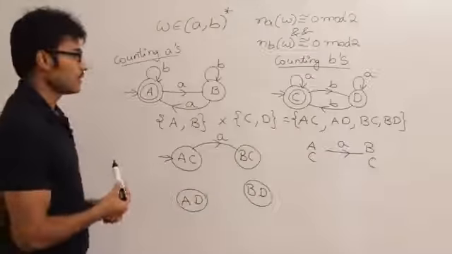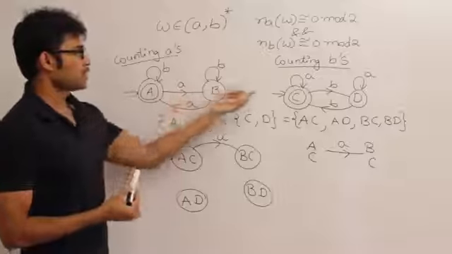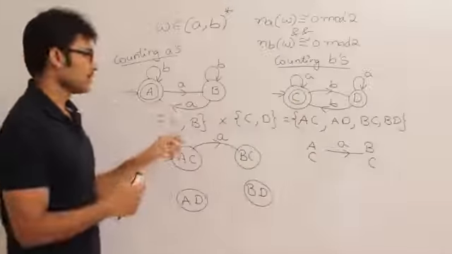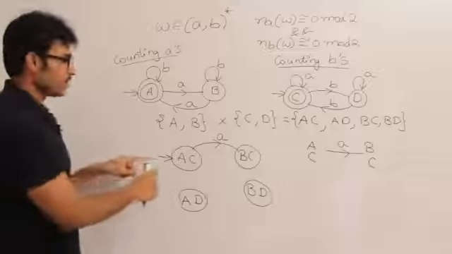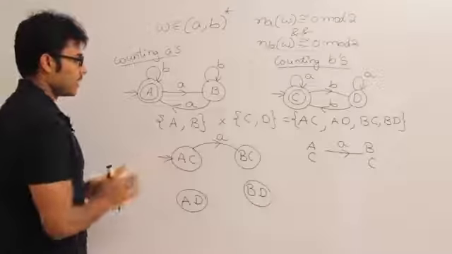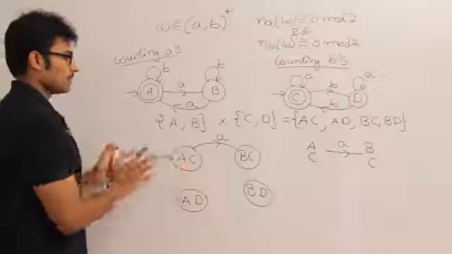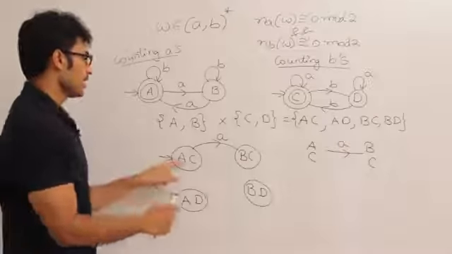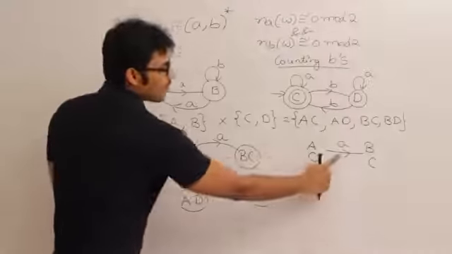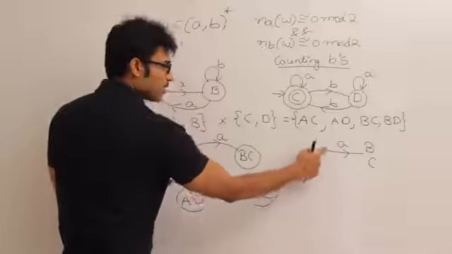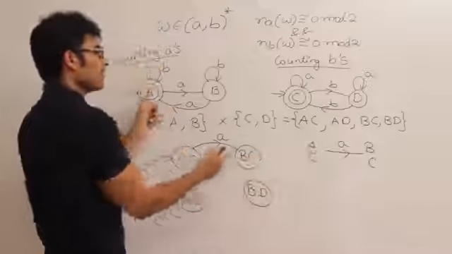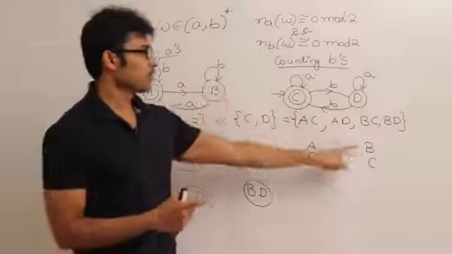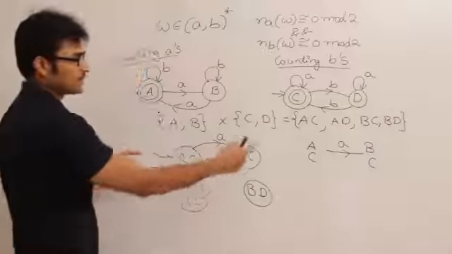Understand this: I have initially constructed the DFAs independently, and now I am trying to club them. It is also called the cross product method. When I merge them, the diagram is going to look something like this. Though we know there are four states, now I have to fill up the transitions. I take a state and see what transition I want, for example AC on small a. I go to the original diagram and see what capital A is doing on small a and what capital C is doing on small a.